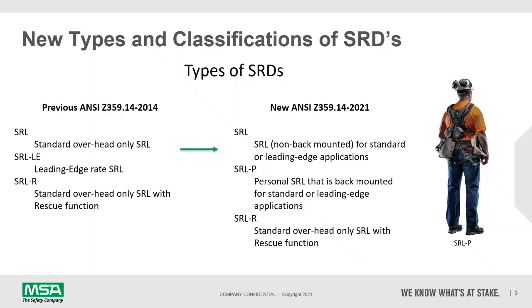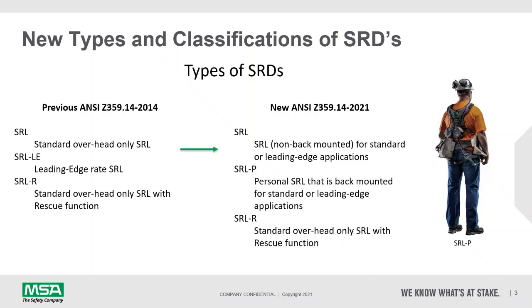And then they added this new classification or type called SRL-P. P stands for personal. So now there is a type for personal fall limiters. We call them PFLs sometimes, or minis is a pretty common term. Those are back mounted, meaning the worker wears it on their back, and an SRL-P can be for both overhead and lower level tie-off or leading edge use. And then the SRL-R type remains the same.